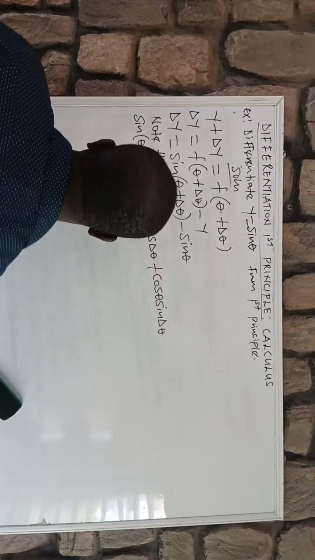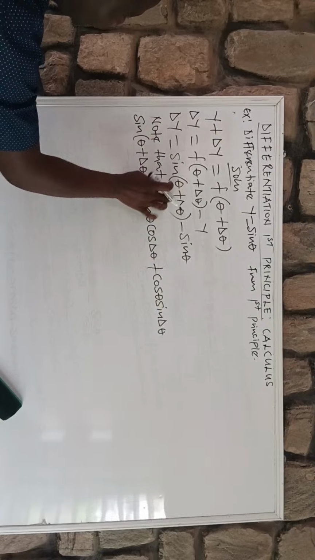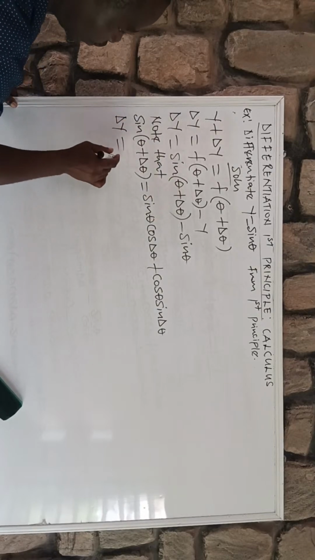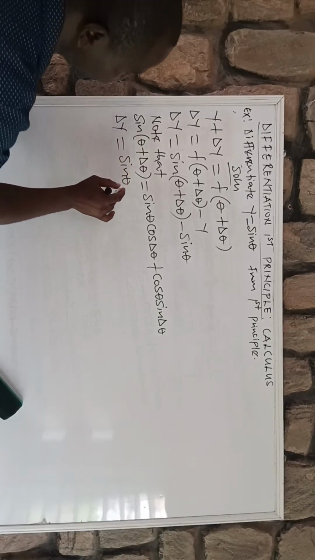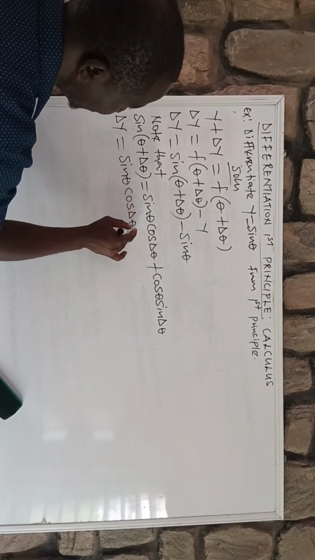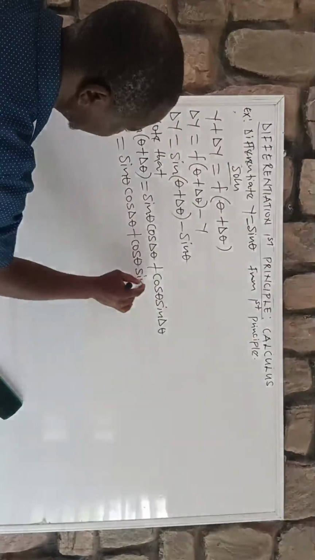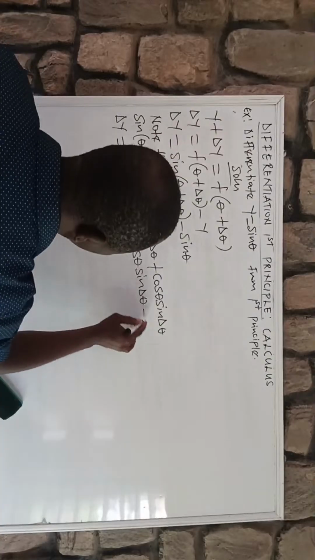Take note. So instead of this, we are going to write this here. So here will be dy is equal to sine theta cos the theta plus cos theta sine the theta, then minus sine theta.